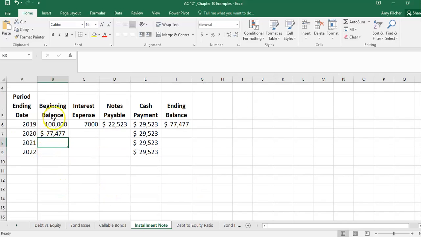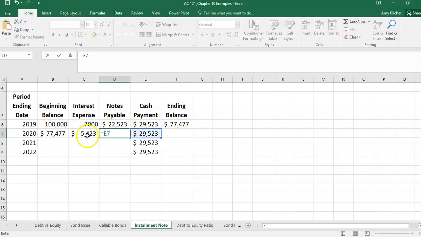Our ending balance from year 1 becomes our beginning balance for year 2. And we do the process again. So we have our interest expense, 7% on the balance of our note. So our note balance times 7%. The amount of our cash payment minus our interest expense gives us what is paid on the note's principal.